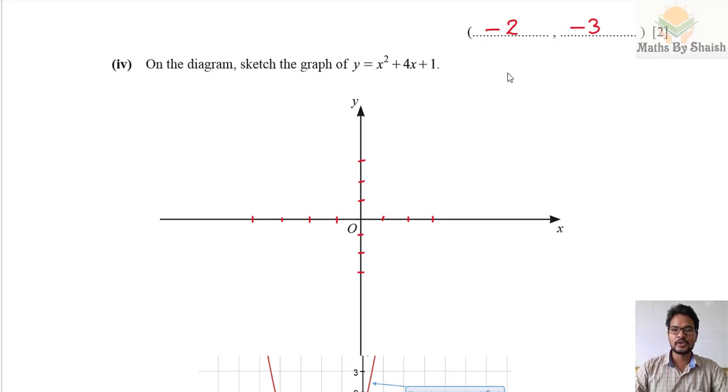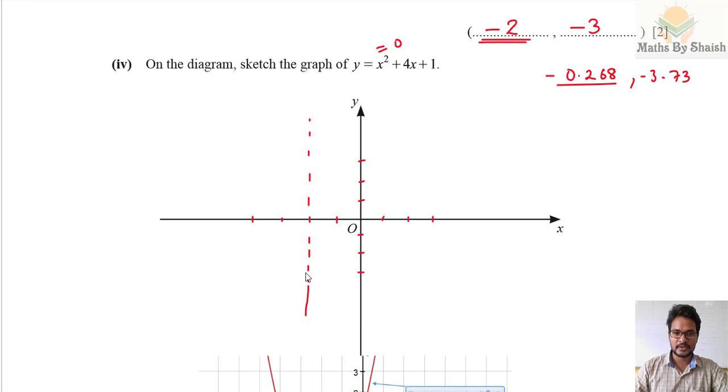Now the roots of this equals 0 were minus 0.268 to 3 significant figures, and minus 3.73. So we can mark these points here. The minimum point also gives the line of symmetry, so x equals minus 2 is the line of symmetry.